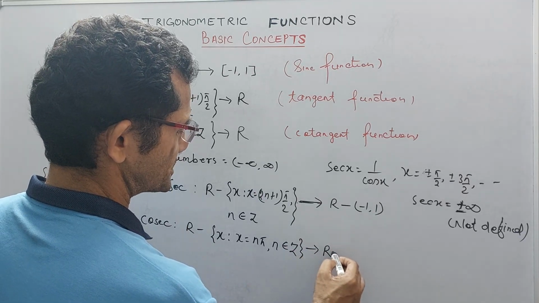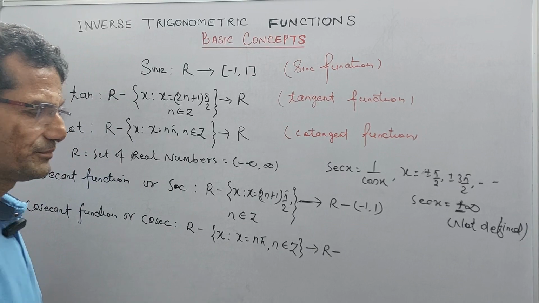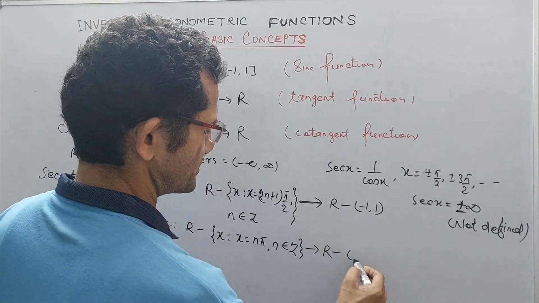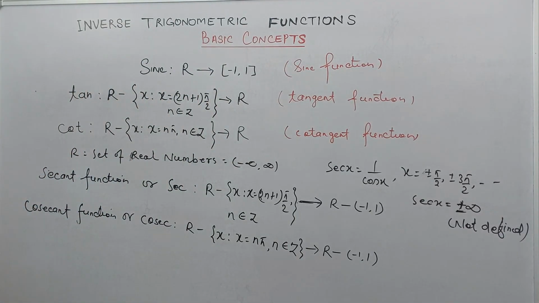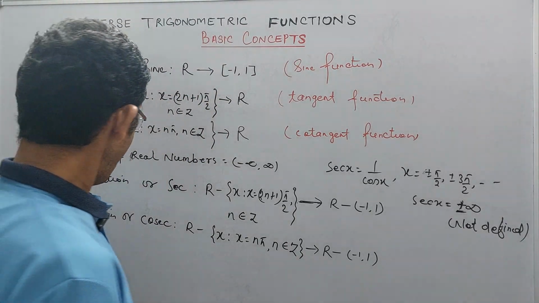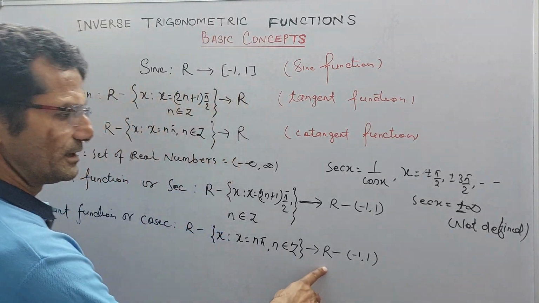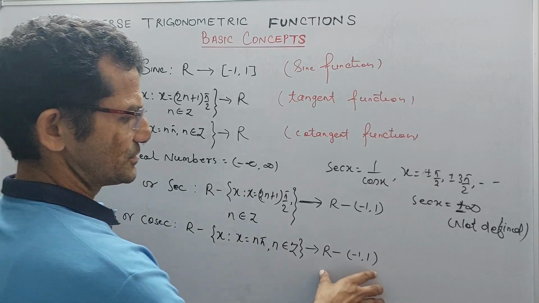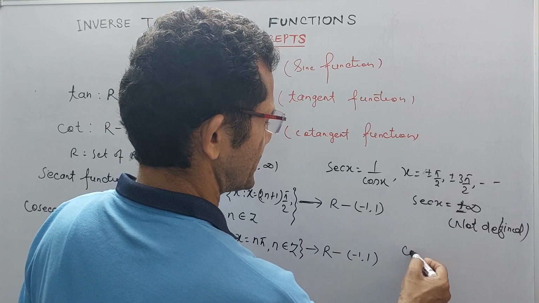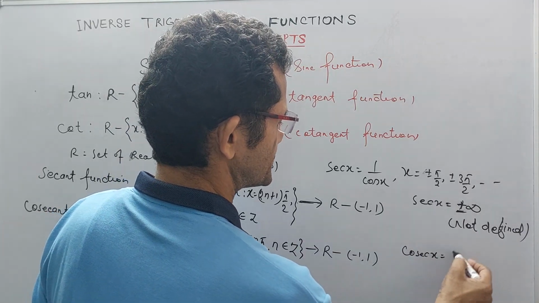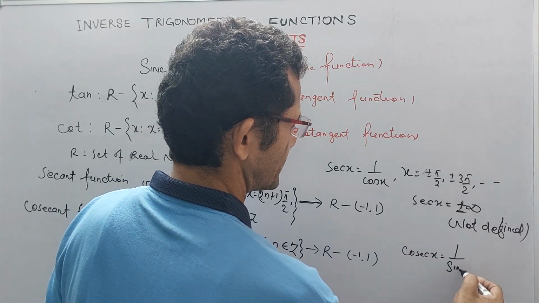Its codomain will be the set of real numbers, where we have to remove the open interval minus 1 to plus 1 from the set of real numbers. This is because cosec x is equal to 1 upon sin x.